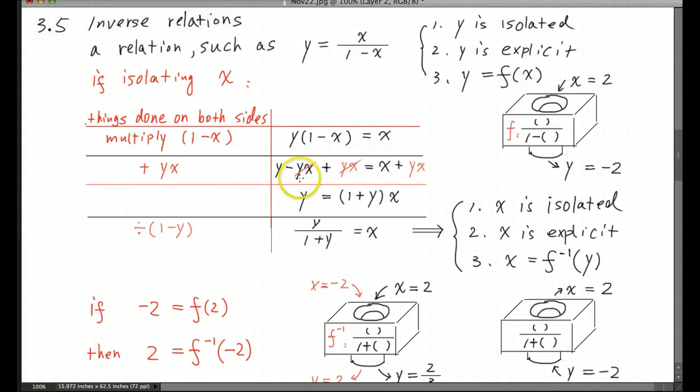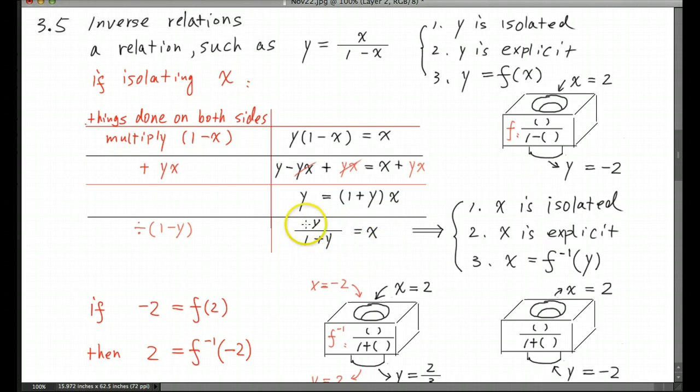We need to combine the x, so I add yx, cancel this, and get yx on this side. Then factor the x out on the right side. You get 1 plus y multiplied by x. On the left side, we only have y left. Then you divide by 1 plus y on both sides, and you end up getting y divided by 1 plus y equals x.